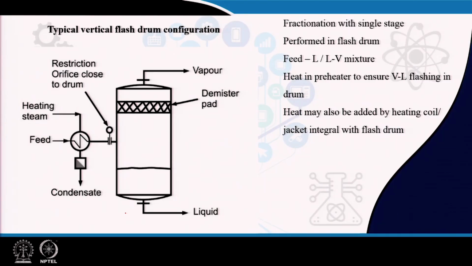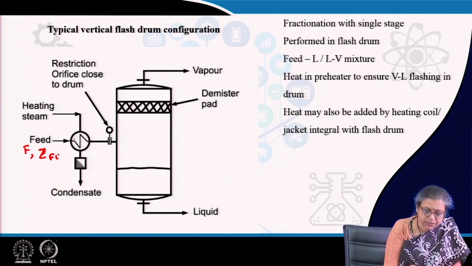Now, as it was discussed in the last class, what do we have? We have a feed. The feed flow rate is F, and the composition is denoted by zF_i, and the feed is usually heated in a preheater.